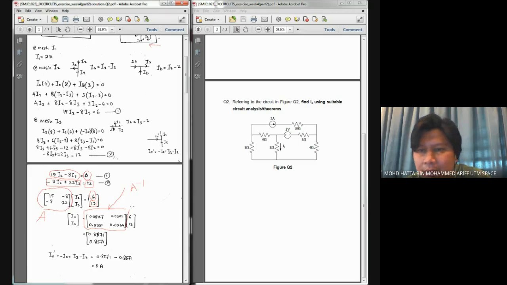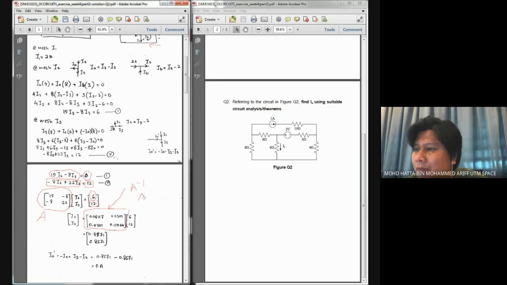If you remember, for matrix, if you multiply both sides with A inverse, this matrix A will be eliminated.